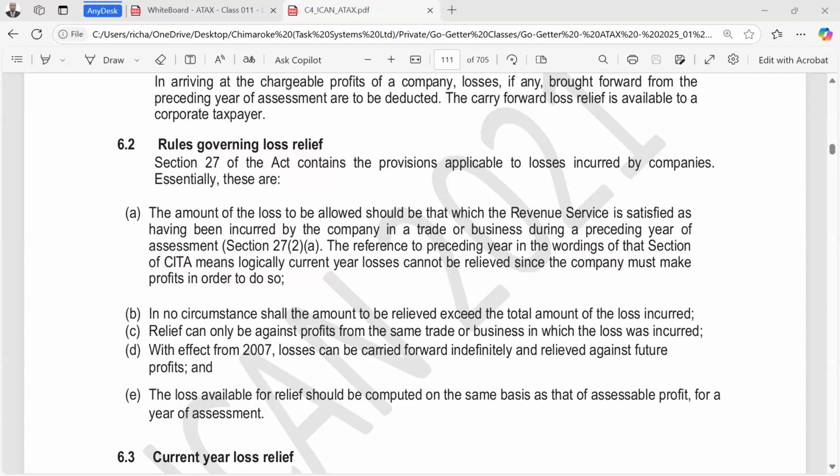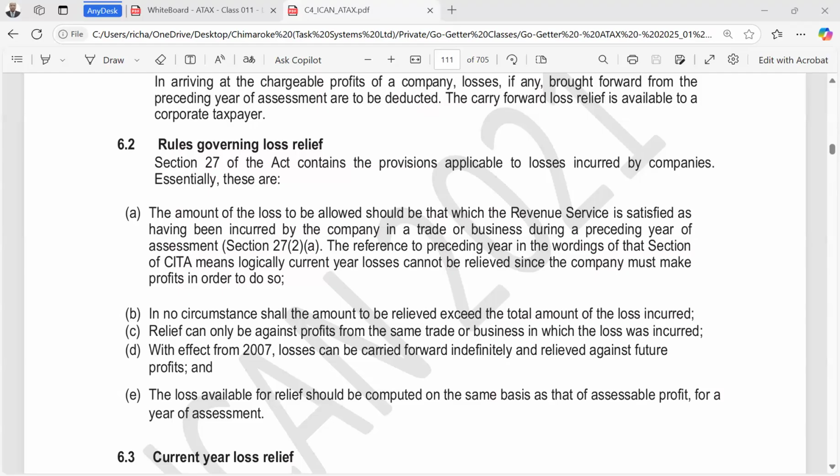The reference to the preceding year in the wording of the Act means logically current year losses cannot be relieved since the company must make profits to do so. So what it means here is this. If you have a loss of 1 million naira, it means you don't have any profits. If you have a loss in 2023 year of assessment and you don't have a profit, you cannot relieve it.